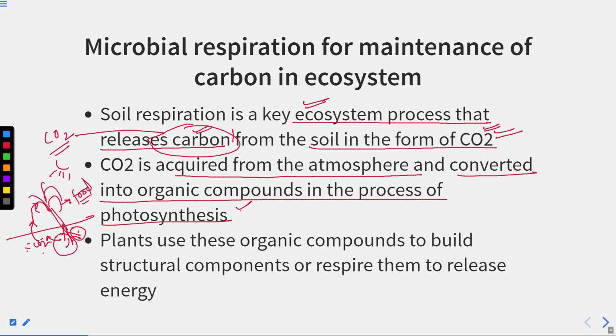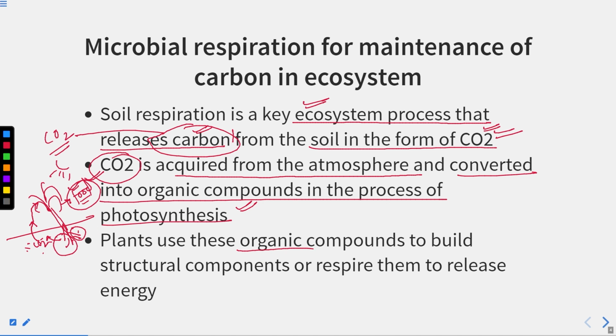And you all know this is the process of photosynthesis. So if there is no carbon dioxide, then you can imagine how the food will be synthesized. There will be no synthesis of food. So this fixing of carbon dioxide should take place to get food synthesized by the green plants.